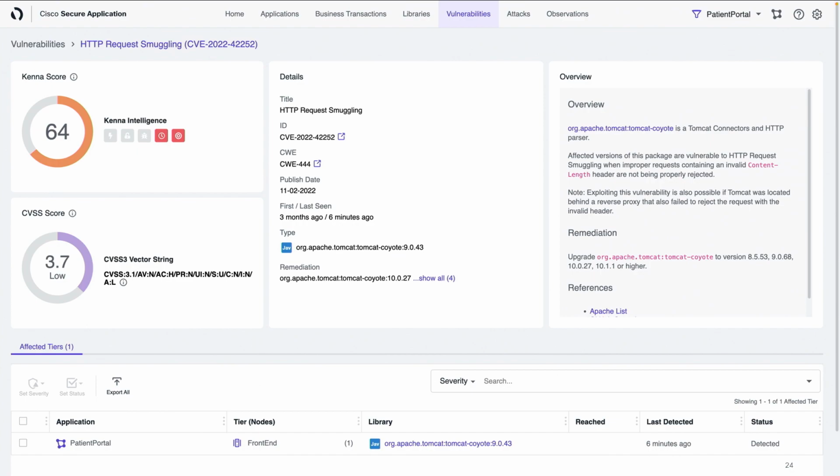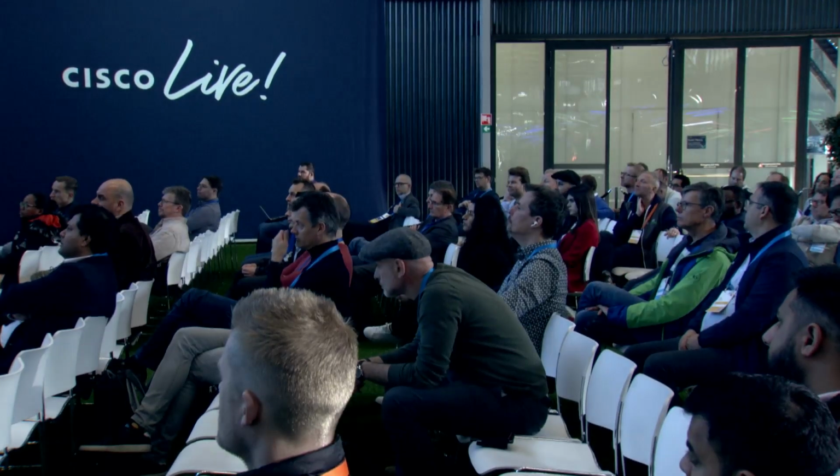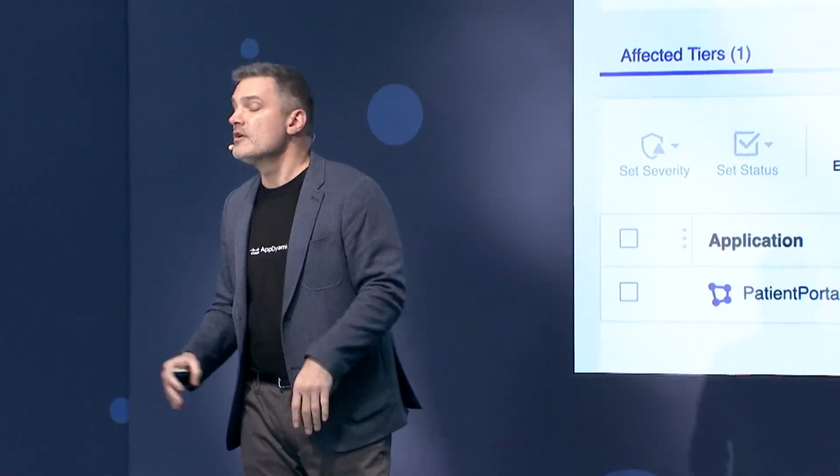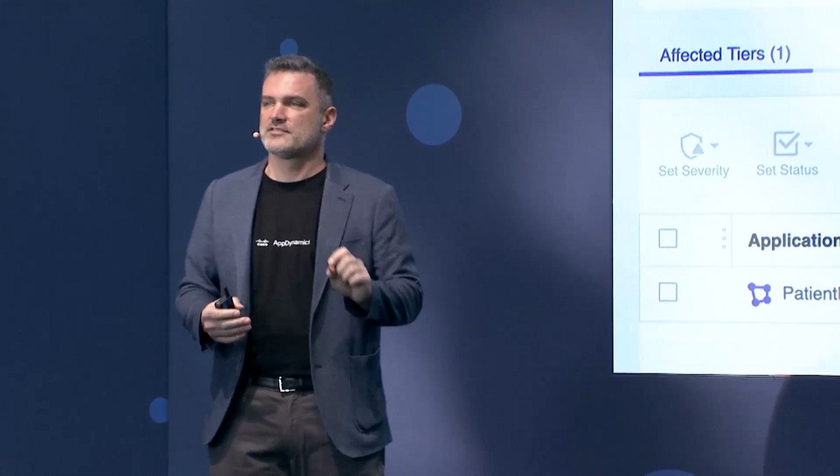And here's a prime example as to why CVSS doesn't always work. The CVSS score here is a low. Anyone here going to remediate a low vulnerability? Security folks who raise your hands, would you worry about low? You wouldn't, right? They're ignored. And that model works in most cases.